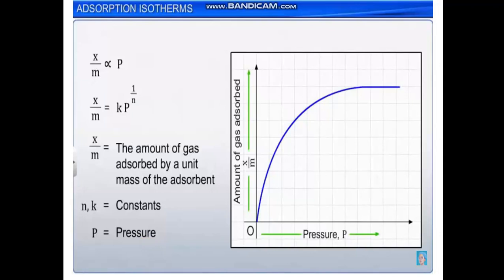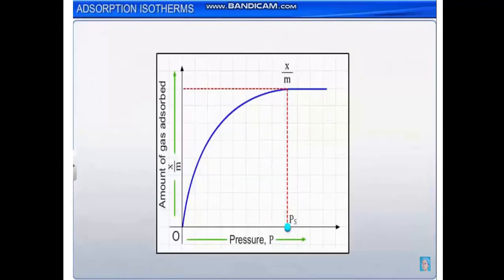Now you can see here also the curve. Got it? You will find that at a fixed pressure there is decrease in physical adsorption. In the beginning adsorption increases, but at a particular point there is a flat curve.